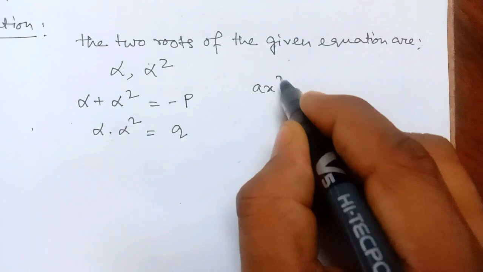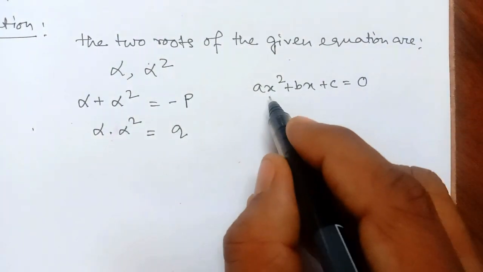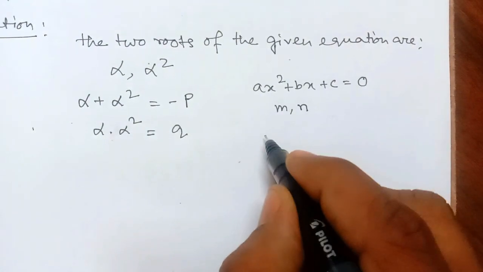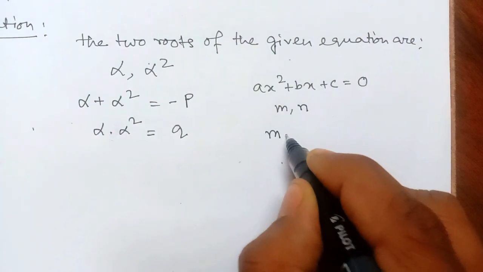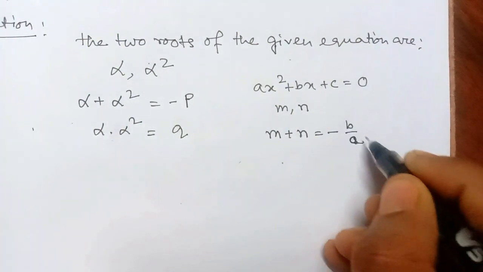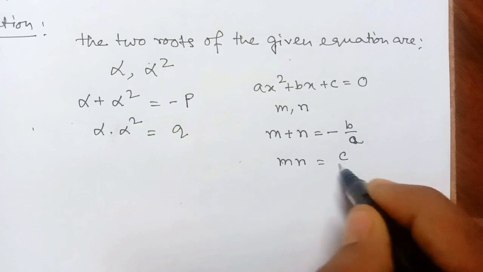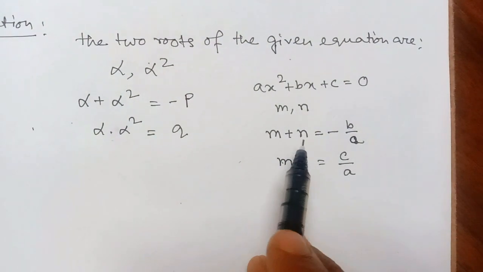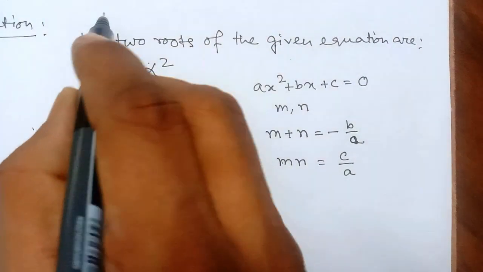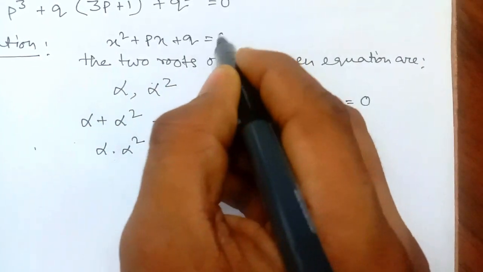If there is a quadratic equation ax square plus bx plus c equals 0, and the two roots of this equation are m and n, then there is a property of the quadratic equation that m plus n is equal to minus b by a, and mn is equal to c by a. So this property we are applying in this case. Here our equation is x square plus px plus q equals 0.